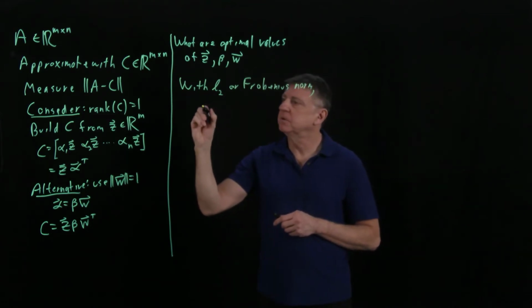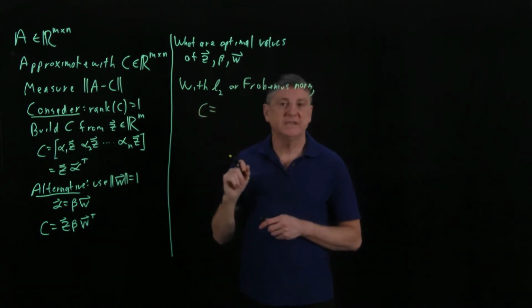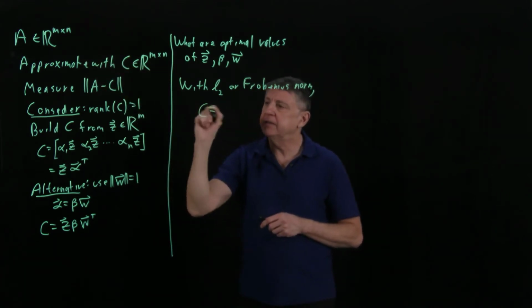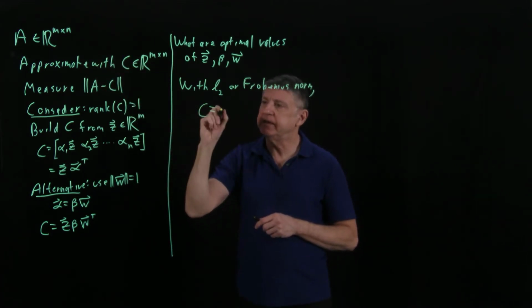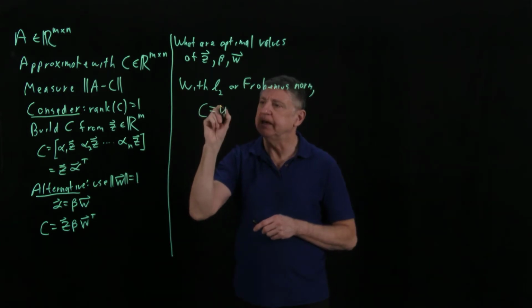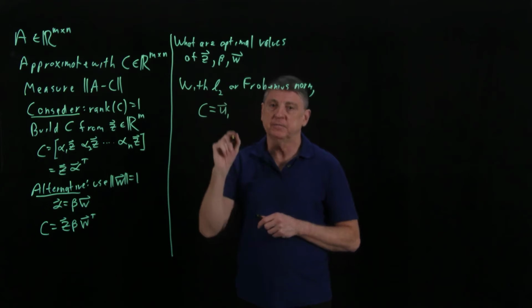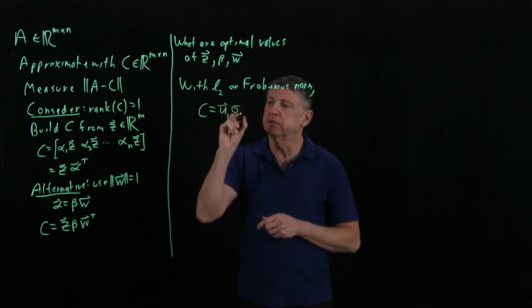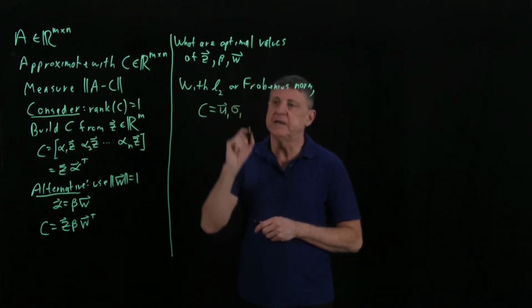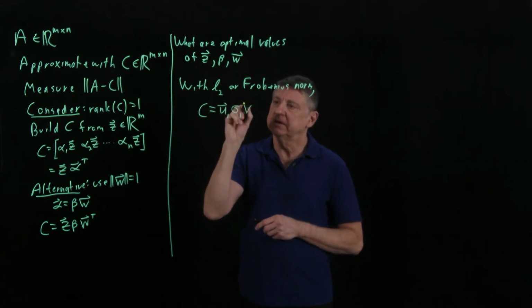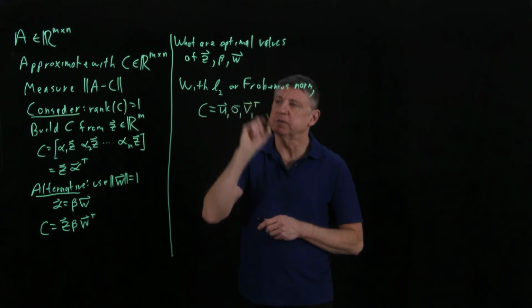Well, it turns out that with either the L2 or the Frobenius norm, the optimal choice is we take the singular value decomposition of our original matrix, and we use C as the first left singular vector, U1, times the singular value, sigma 1, times the first right singular vector transposed.